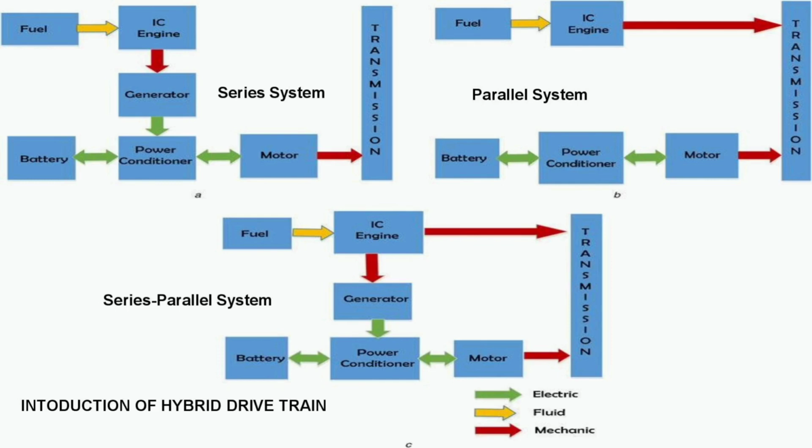Coming to the parallel hybrid system, parallel hybrid electric vehicles allow both ICE and electric motor to deliver power to drive the wheels. Since both the ICE and EM are coupled to the drive shaft of the wheels through two clutches, the propulsion power may be supplied by the ICE alone, by EM only, or by both ICE and EM.